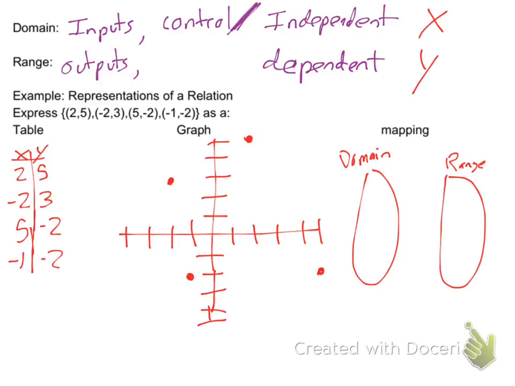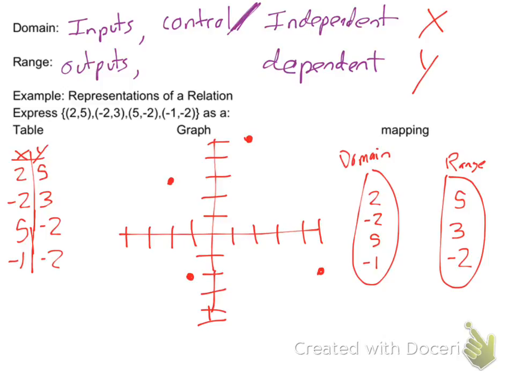No. So I have to put 2, negative 2, 5, and negative 1 in. Does everybody see that? Those are all my x values that are going in. On the way out, for my range, though, we are actually doubling up on negative 2. So we need a 5, I need a 3, and I need a negative 2.